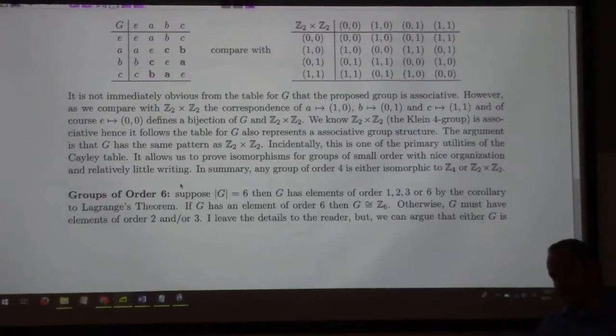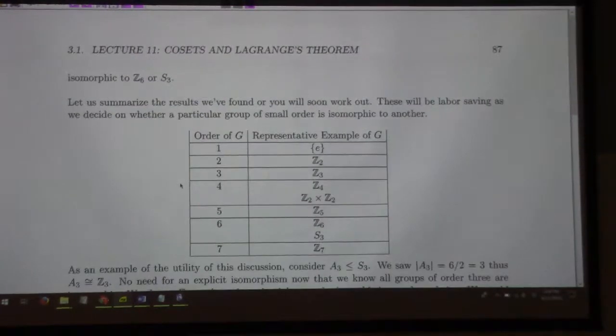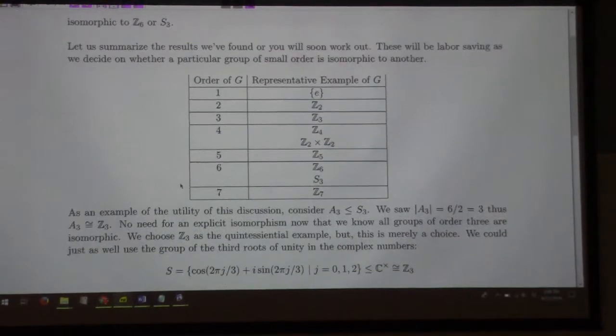And if you sort through the details of that, it forces you to say that it's S3. I have made this a homework in past years. Be glad I did not assign you that homework. It was unpleasant. The end result of it is that there are two groups up to isomorphism of order 6, either the cyclic group of order 6 or S3, and that's it. So here you go. This is a complete list, up to isomorphism, of the groups up to order 7.